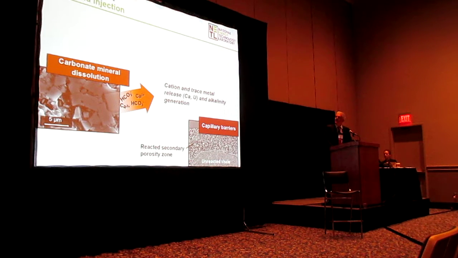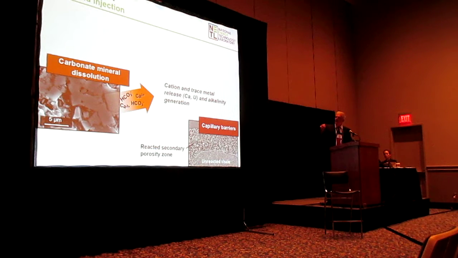The first thing that happens when you start reacting the rock mass with this stimulation fluid is you start getting calcite involved in the reaction. So the carbonate minerals are seeing dissolution in the process. In the lower right, you can see from our SEM photograph that there are vugs put into the rock matrix as a result of this dissolution.